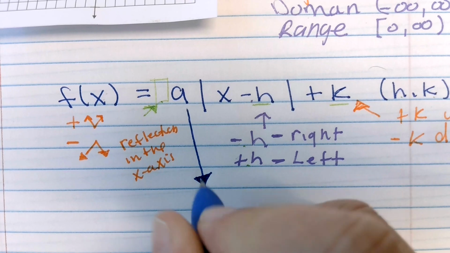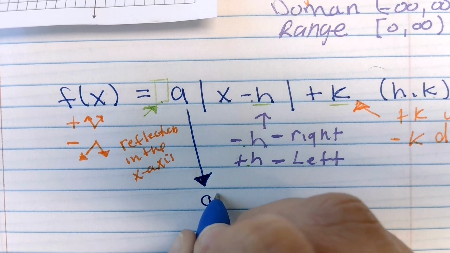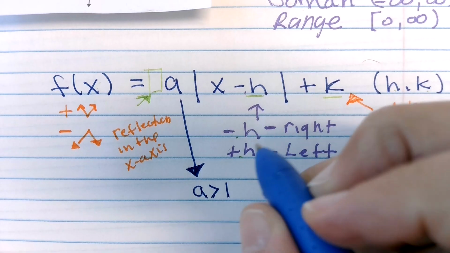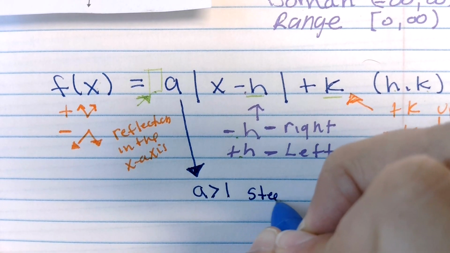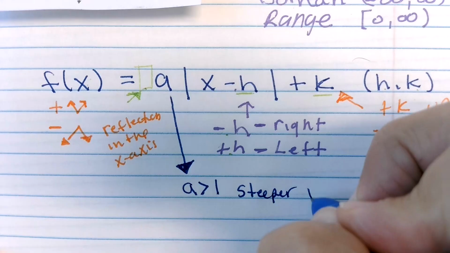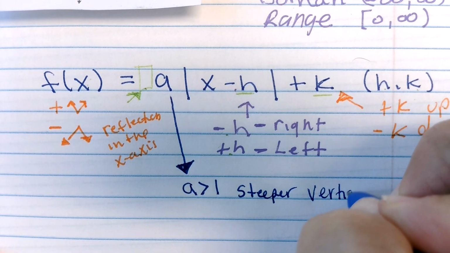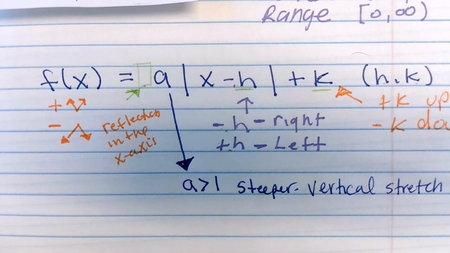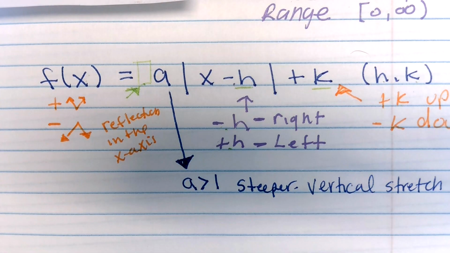If A is greater than 1, a 1.5 or a 2, then we're going to have a steeper graph because it's been vertically stretched. So we stretched out our graph and it has become taller. My slope is steeper than it was before.